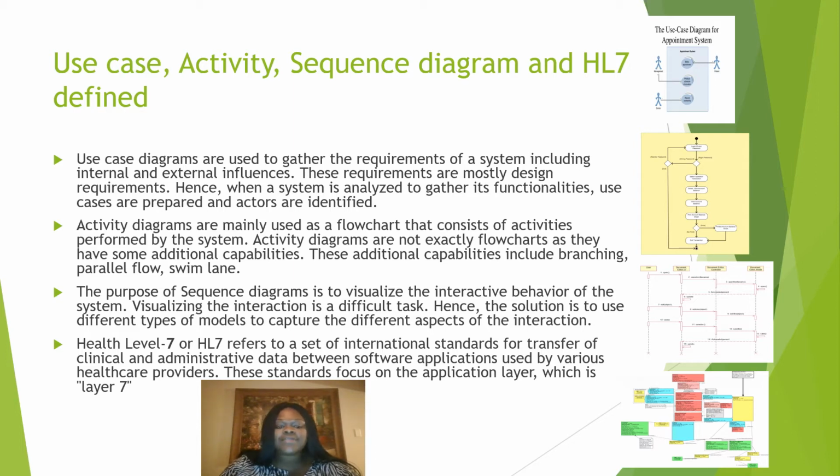Health Level 7, or HL7 as we know it, refers to a set of international standards for transfer of clinical and administrative data between software applications used by various healthcare providers. These standards focus on the application layer, which is known as layer 7.